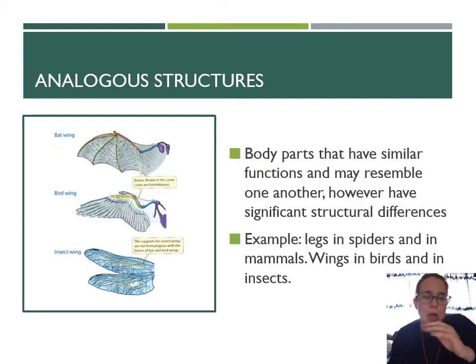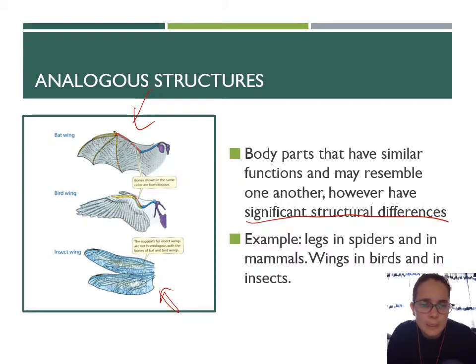For example, a bat wing versus an insect wing. They have a similar function. They both help things fly, but they have very significant structural differences. So the bone limbs that make up the bat wing are very different to the ones that make up the insect wing.